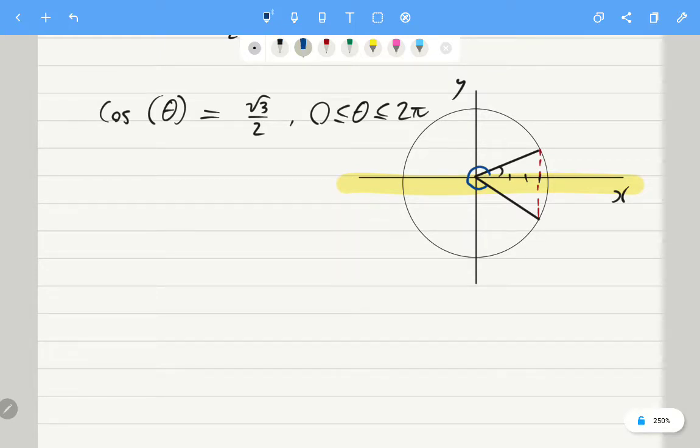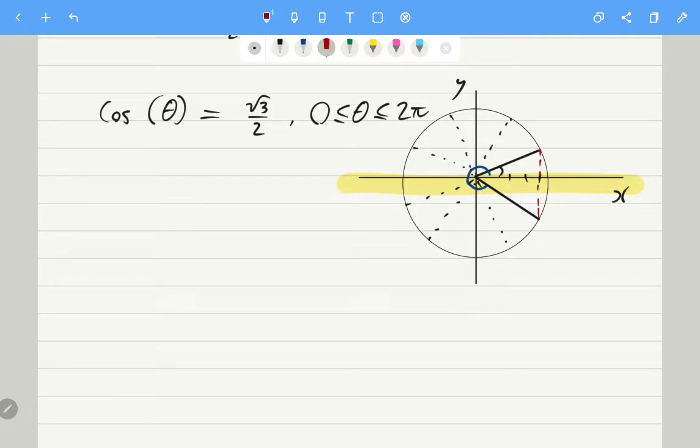Well, this value, root 3 on 2, only appears in one of our triangles, and it's the pi on 3, pi on 6 triangle. So let's break it down into sixths. So that's 3/6, 4/6, 5/6, 6/6, 7/6, 9/6, 10/6, 11/6. Alrighty?